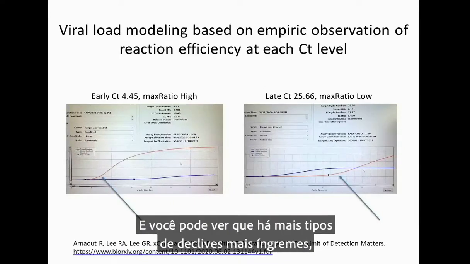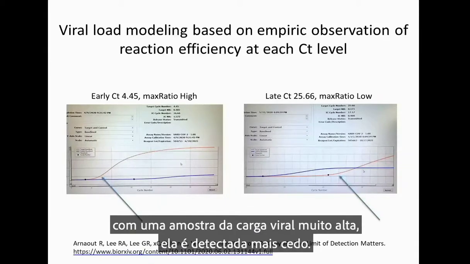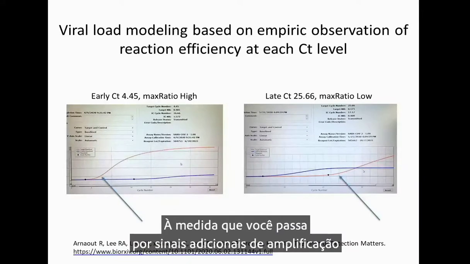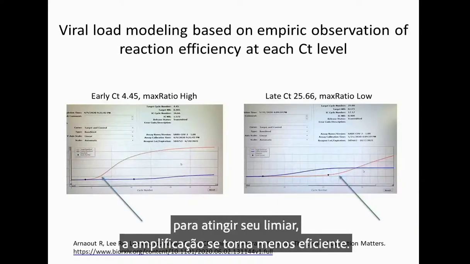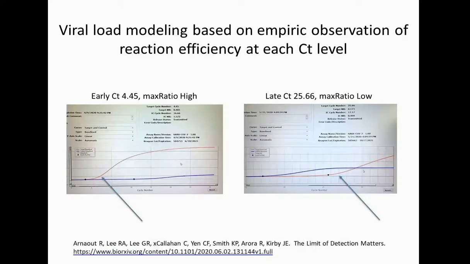You can see that the slope is steeper with a sample with a very high viral load that gets detected earlier. And as you go through additional amplification cycles to reach your threshold, the amplification becomes less efficient.